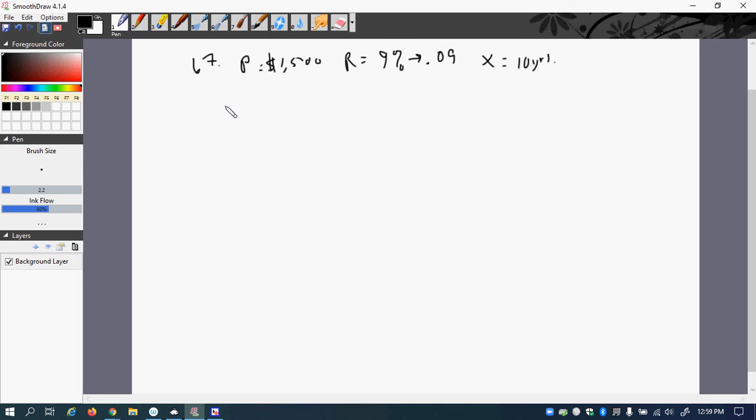So we have the formula that they gave us, which is A equal to P times 1 plus R to the T. In this case it'll be X. We started off with 1,500, 1 plus 0.09, and that's going to go for 10 years. So we have to combine what's in the parentheses first.